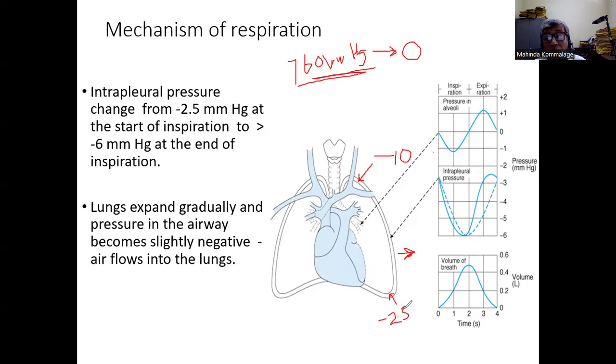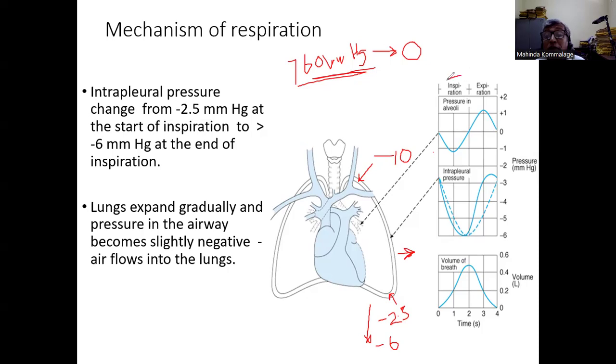When the thoracic wall expands, this -2.5 gets more minus, that means reduction of the pressure. It can go to -6. So interpleural pressure will be -6.